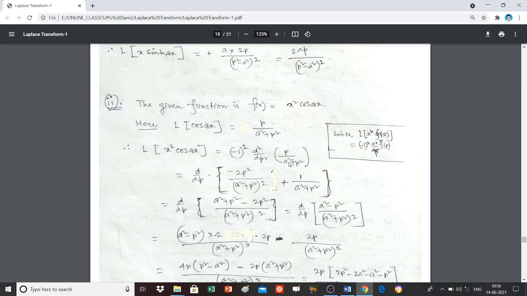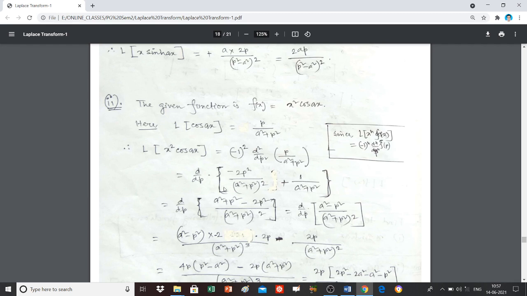After that, the differentiation of a² + p² gives (a² + p²)² in the denominator, and also −2p, because differentiating p² gives 2p, and since the power is −1 in this case, that gives a negative sign. So the differentiation of 1/(a² + p²) is equal to −2p/(a² + p²)². And this p is also here, so 2p² will be there. After that, a² + p² is taken as constant, and the differentiation of p is 1.